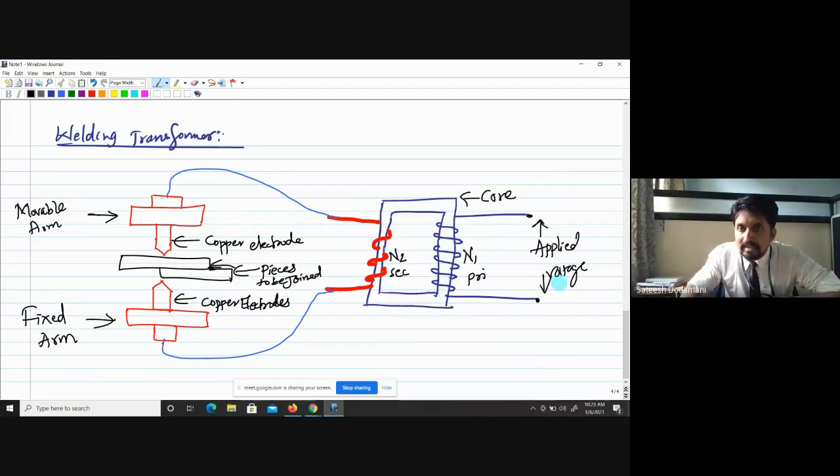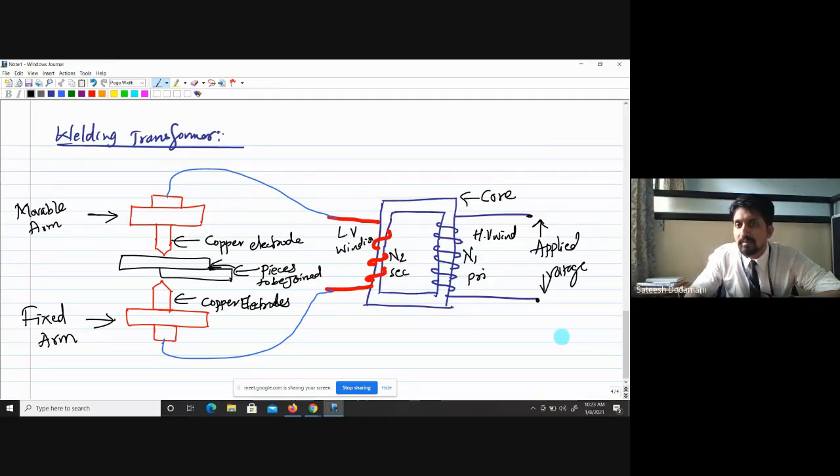Look at this. This consists of a core, and this core consists of two limbs. On the two limbs the windings are connected. This is a high voltage winding, and this one is a low voltage winding. Why is it a high voltage winding?